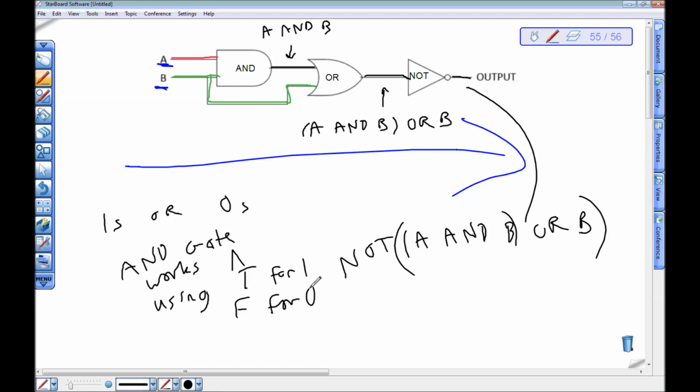Similarly, the OR gate works the same way. The OR gate works as an OR using trues for 1s and Fs for 0s. The NOT gate works like our logical NOT, our tilde, and it just switches trues and falses, 0s and 1s.